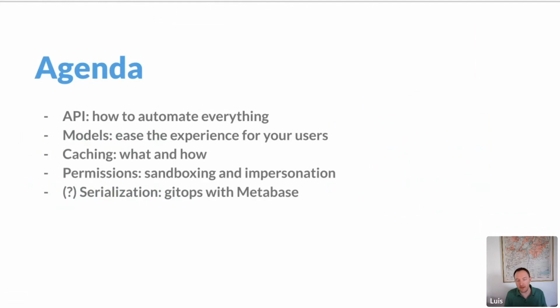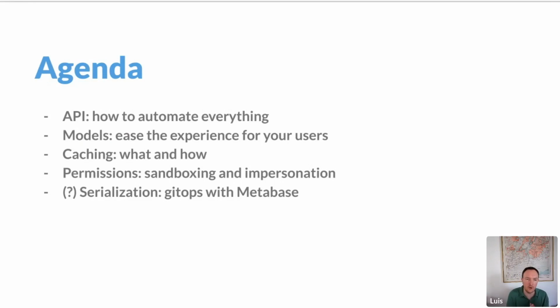Some of the things we are going to cover are available in all the versions we have, and some are only available in the Pro or Enterprise tier. This is permissions, sandboxing, impersonation, and serialization. Also, some part about the caching.